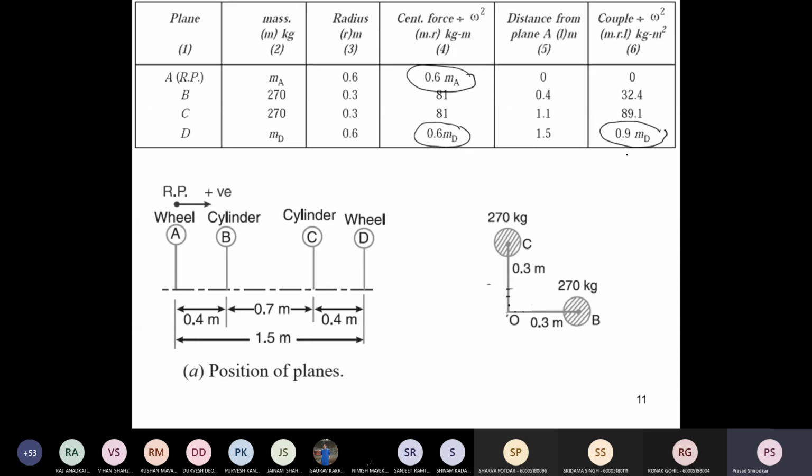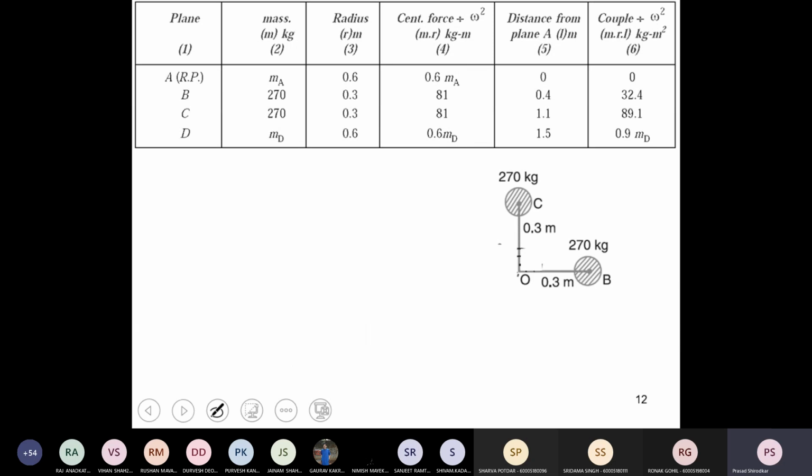You have to start with the couple polygon. So I'm going to keep the table and most of the things on the next page. So I will just start with the couple polygon.